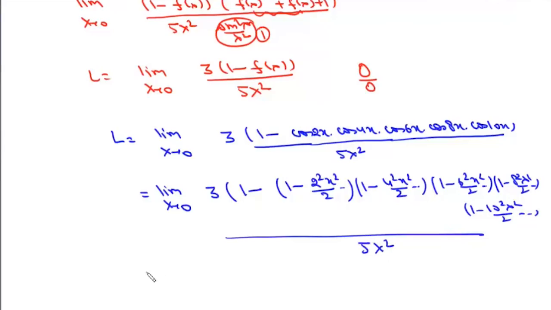Now we multiply it, and we can write this as limit x tends to 0 of 3 into 1 minus 1, since 1 into 1 into 1 five times is 1.